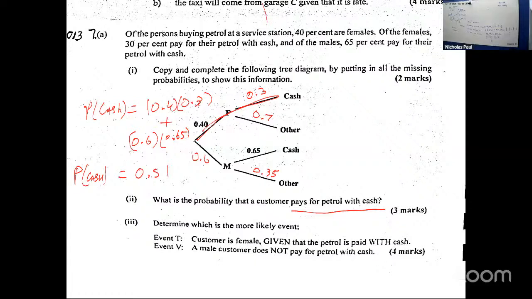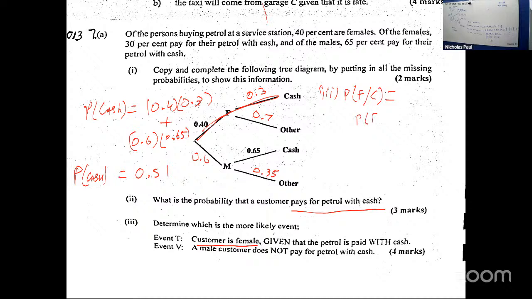All right, last one. Determine which is more likely to happen. Customer is female, given that she paid with cash. So it looks like that, F given C. And the formula is what?